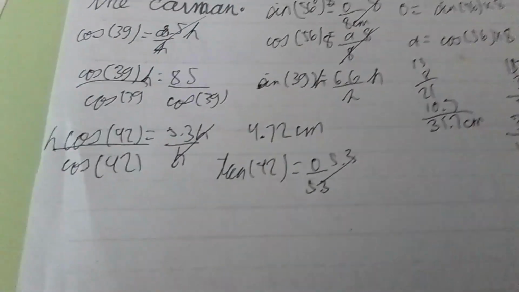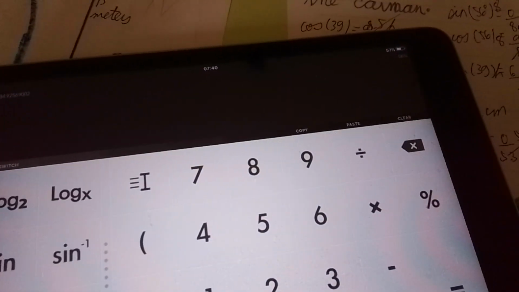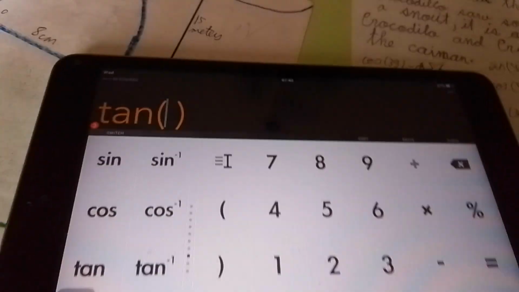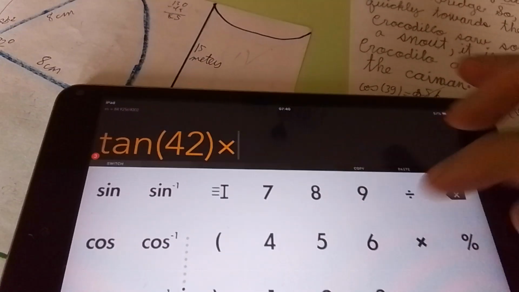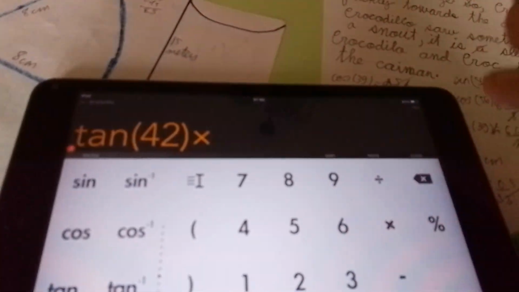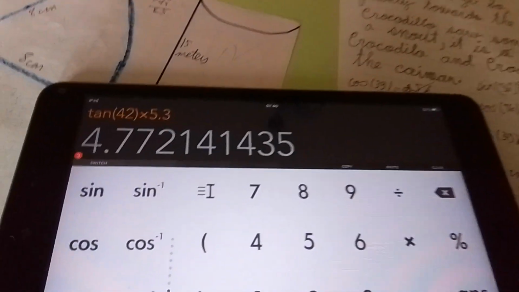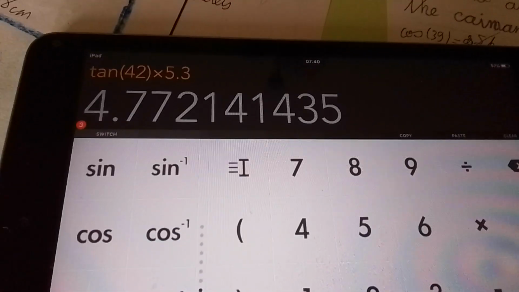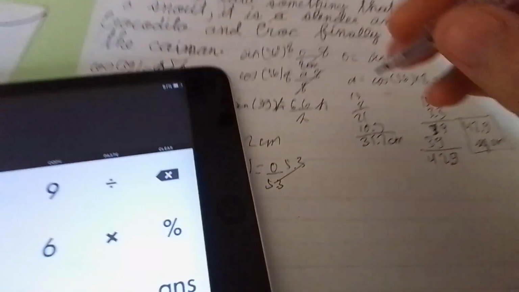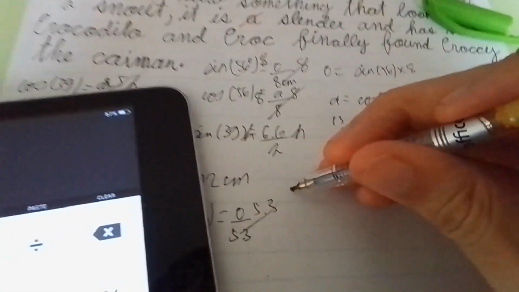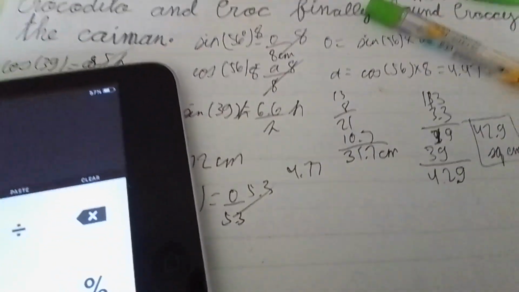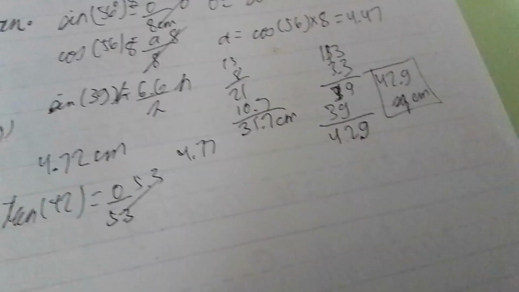So to solve for the opposite, it's the tangent of 42 times 5.3. What did we get? 4.7. Wow! 4.7 still, but 4.77. Now let's try the sine function.